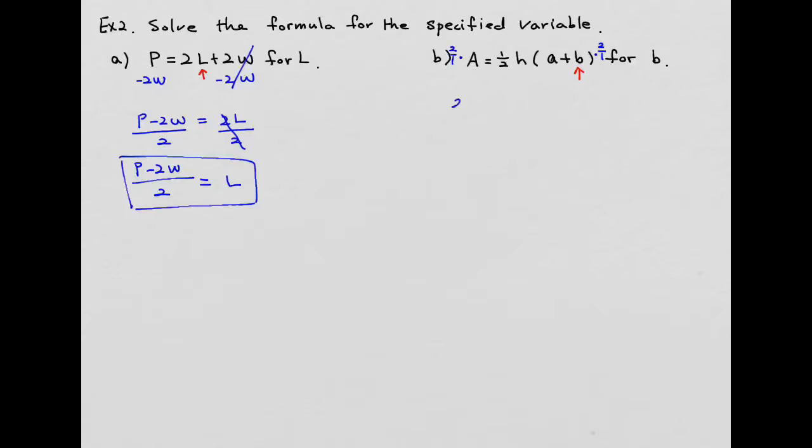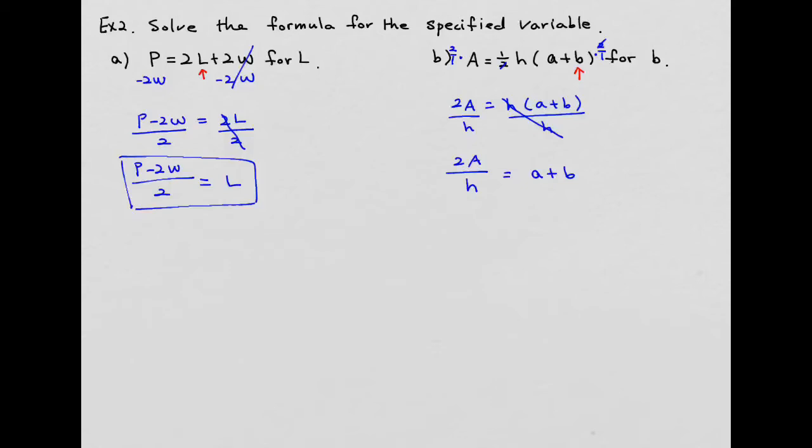It means I get 2A equals, and then 2 and 2 cancel out. No more fractions. I have H times (A plus B). In order to get rid of H, I'm going to divide by H. Right? They cancel out. I have 2A over H on the left side, and I have A plus B remaining.